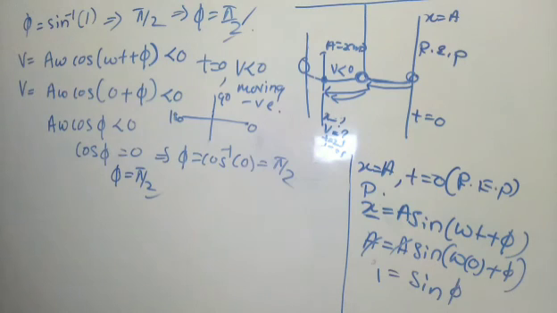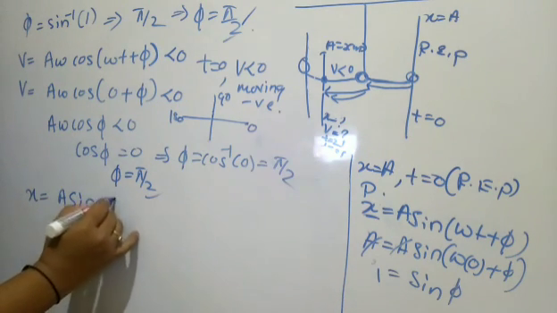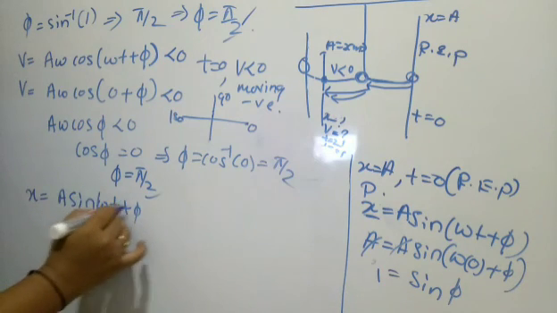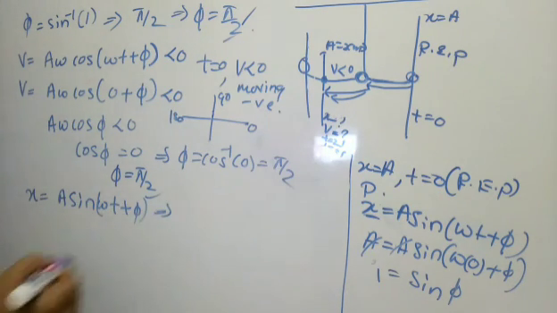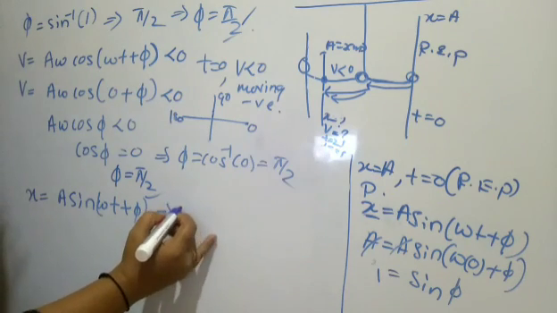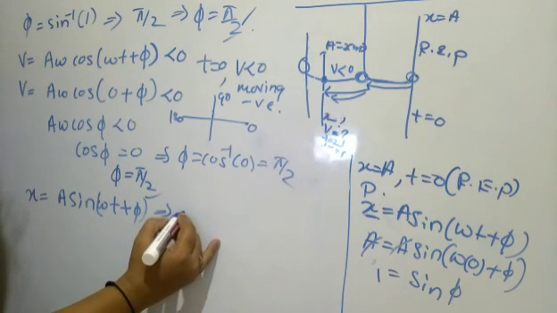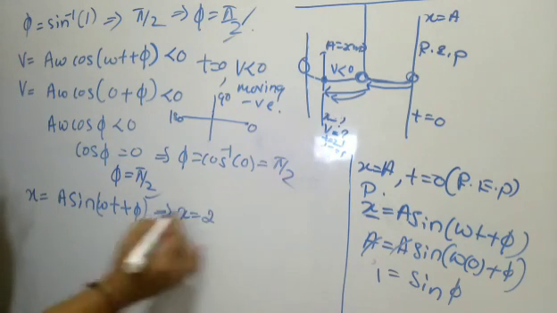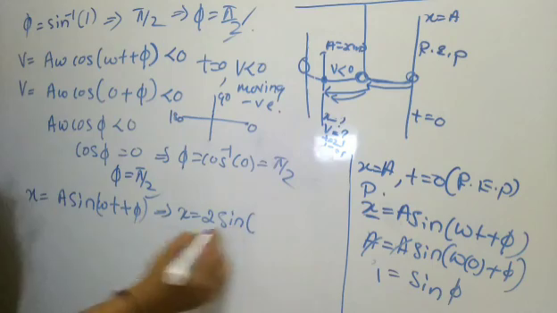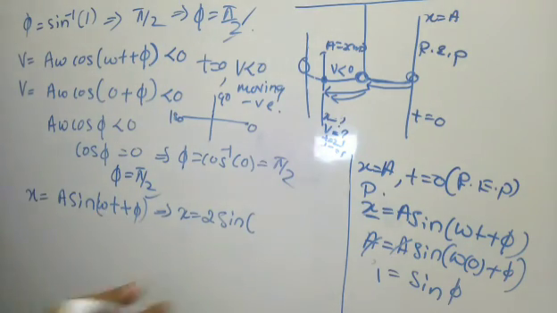Now we will cross check with the displacement of the particle, that is A sine omega t plus phi. The amplitude is given as 2, right? So x is equal to 2 sine omega t. Omega we don't have here.